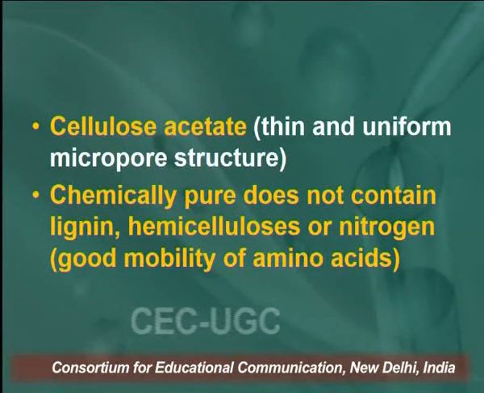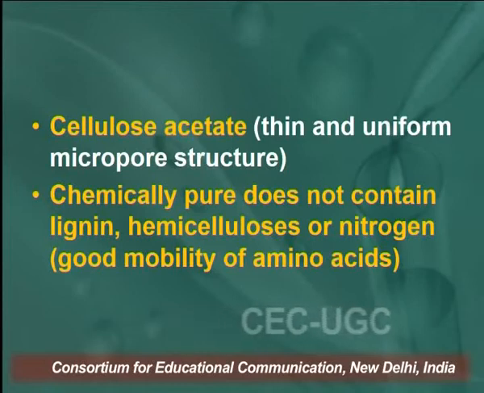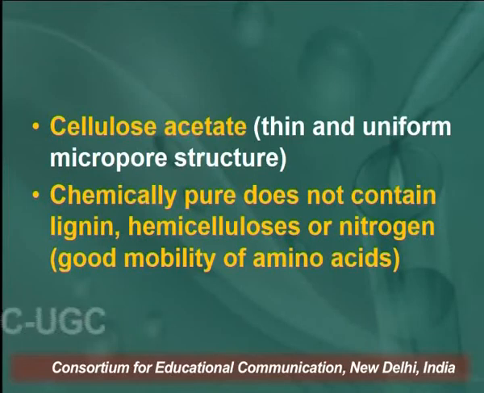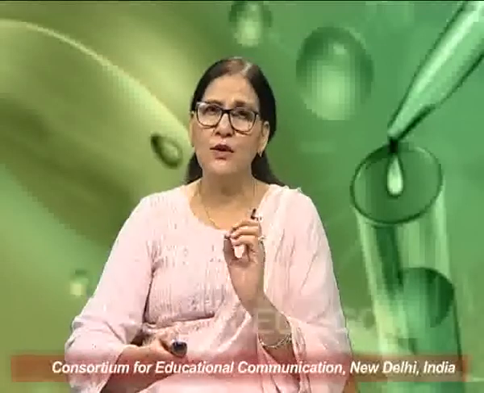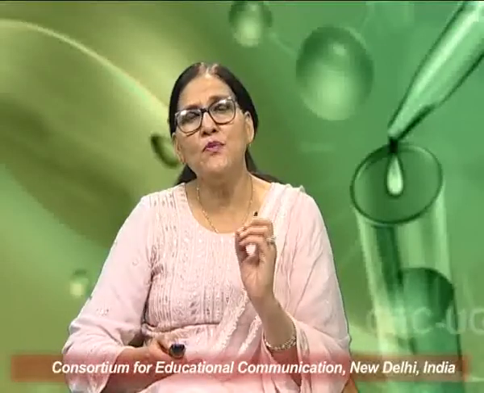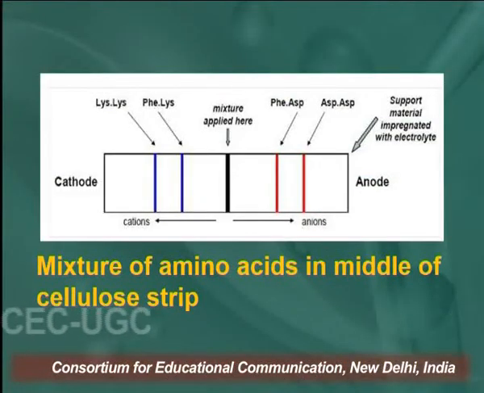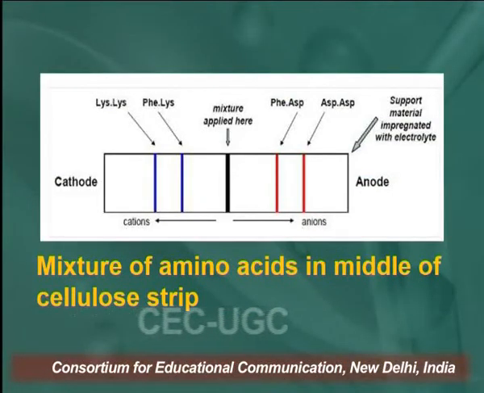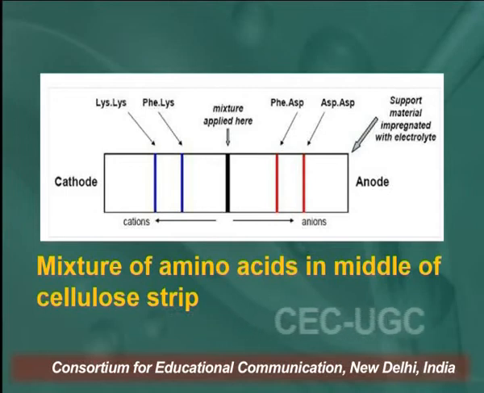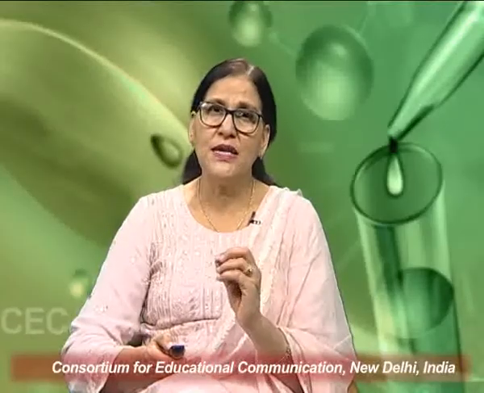Cellulose acetate has a thin and uniform micropore structure, is chemically pure, and does not contain lignin, hemicellulose or nitrogen. So by using that cellulose structure, there is good mobility of amino acids. This is the way we separate the amino acids from the mixture of proteins by using a cellulose strip.